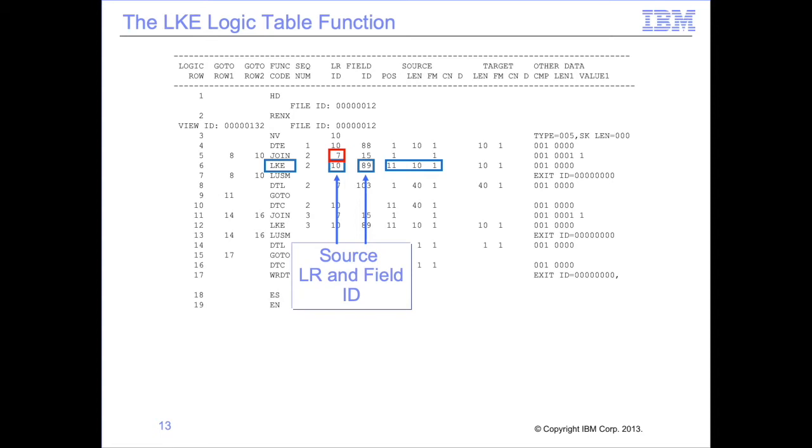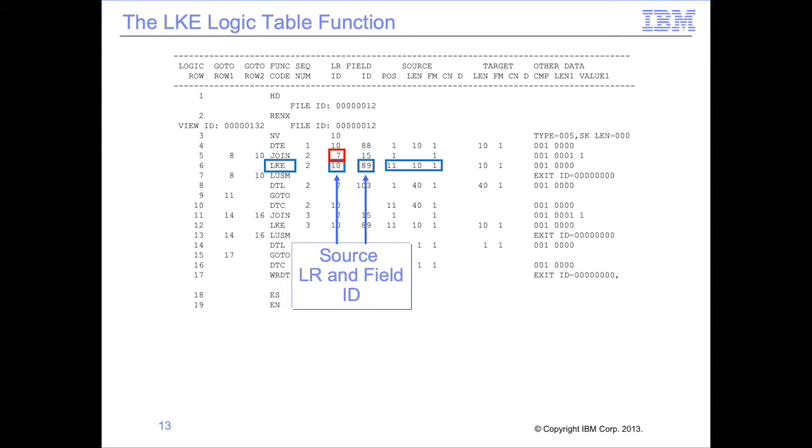An LKE function instructs the extract engine to build a lookup key from an event file field. The LKE lists which LR the data should be taken from. The lookup key, as opposed to the extract record, is a temporary memory containing the key used to search the core image file for a matching value.